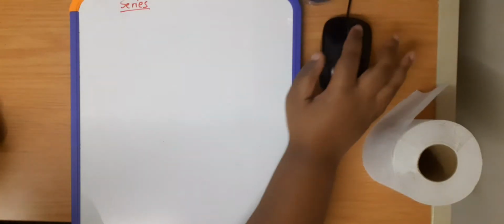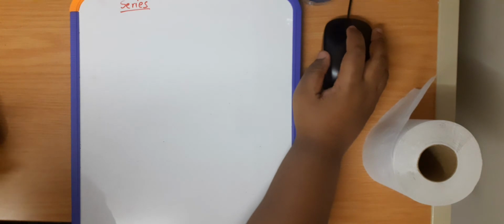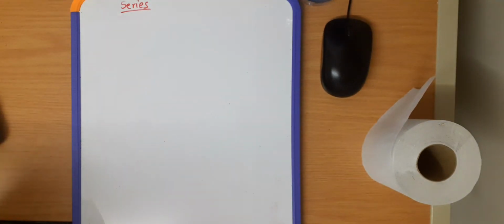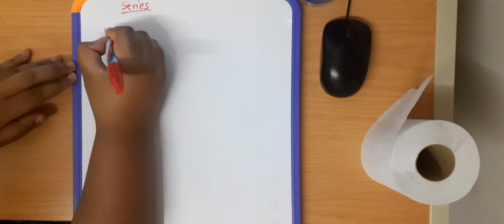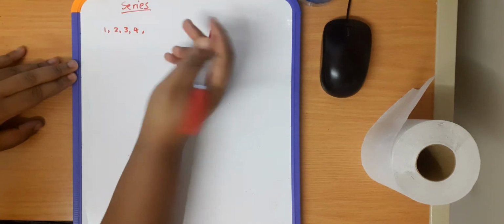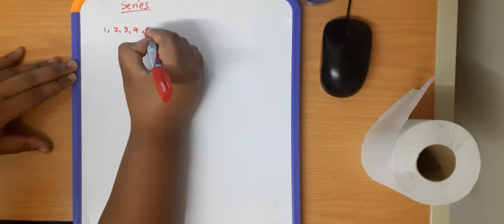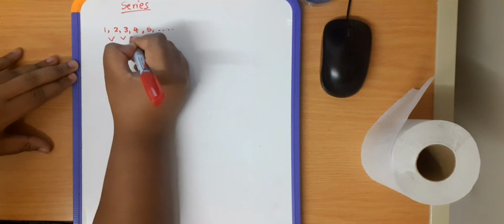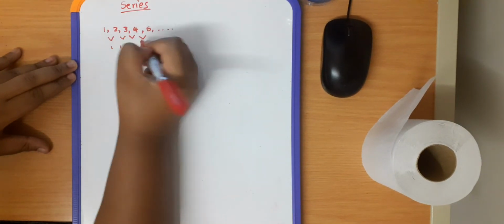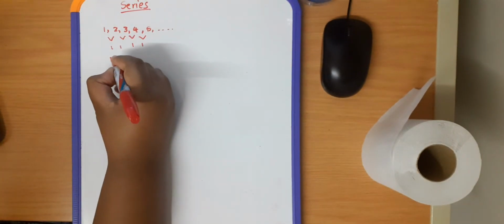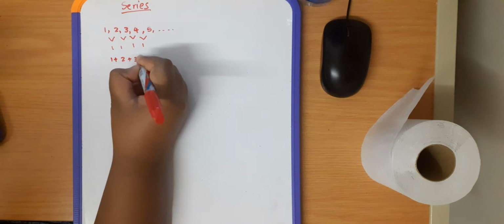The arithmetic series is just adding those numbers, whatever they are. In the simplest form of arithmetic sequence, we know that it's arithmetic because its difference is constant throughout. It's one throughout, and if we had to add this, it will be 1 plus 2 plus 3 and so on.